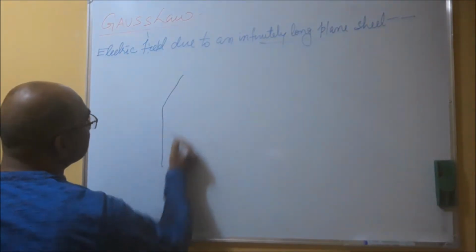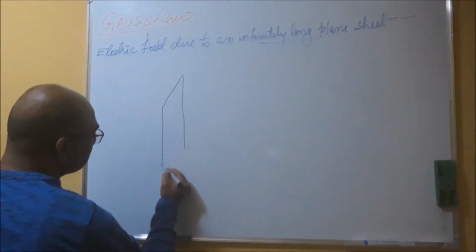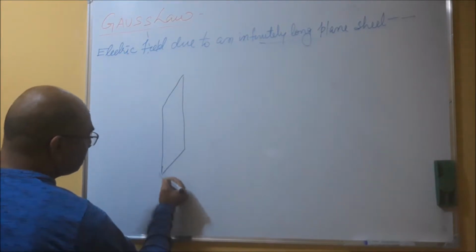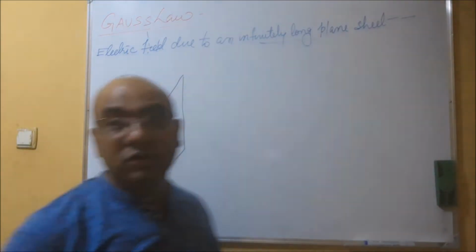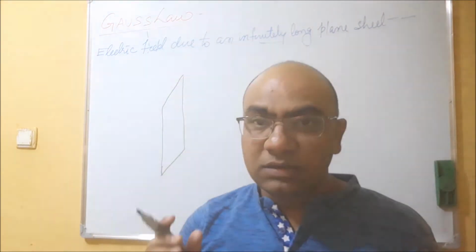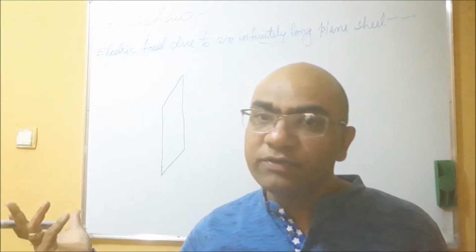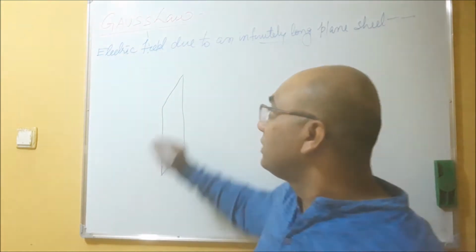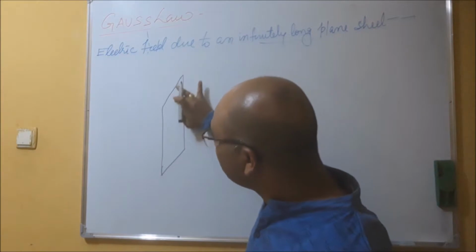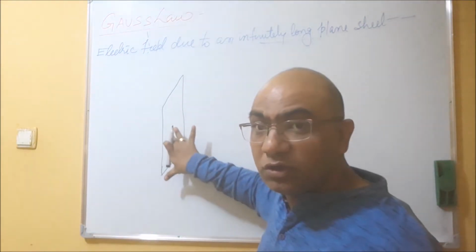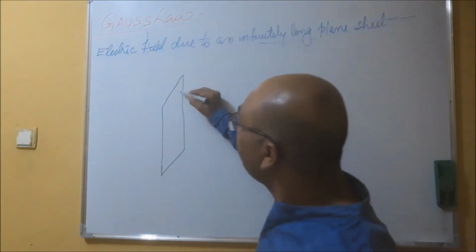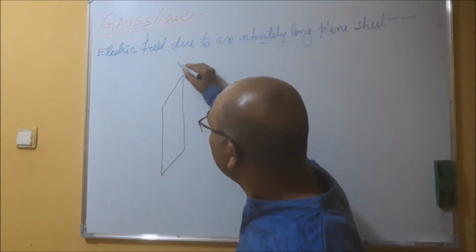We have a sheet. This is a two-dimensional figure. So what we will say, the total charge which will be uniformly distributed on this sheet as lambda.